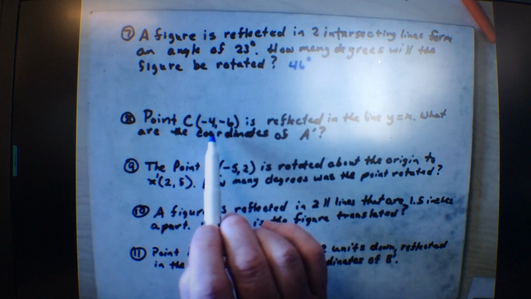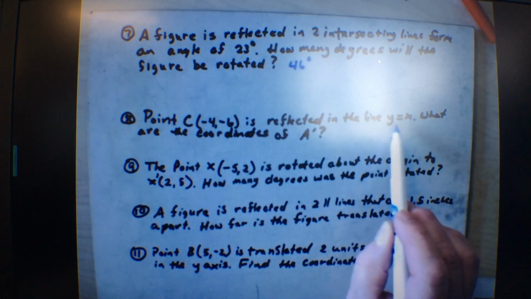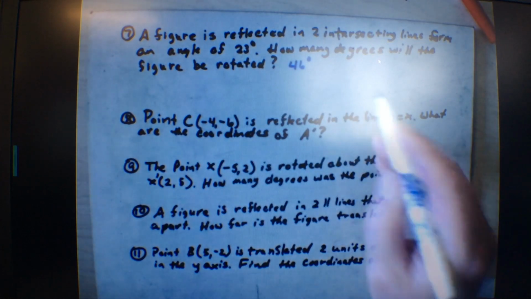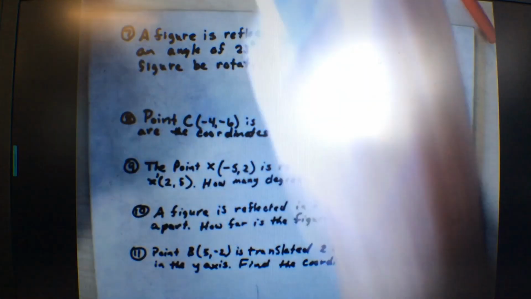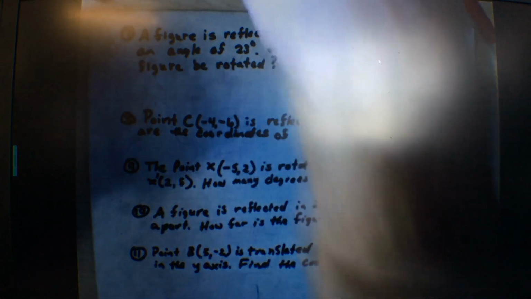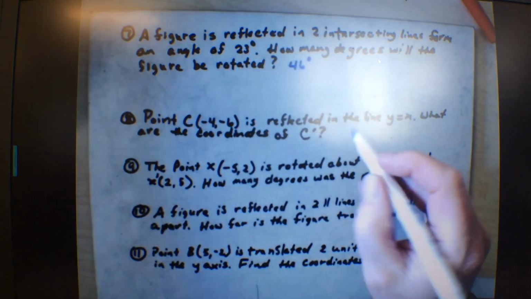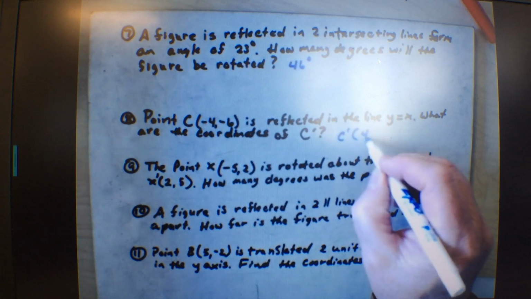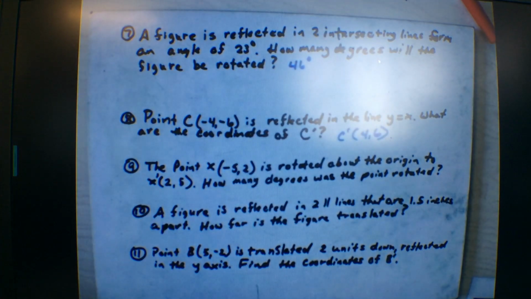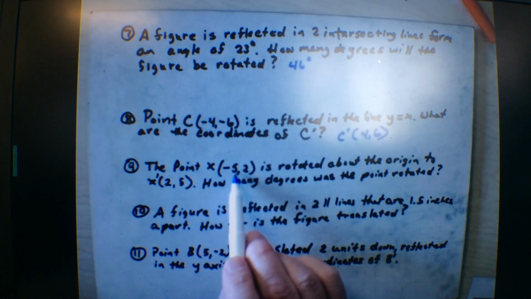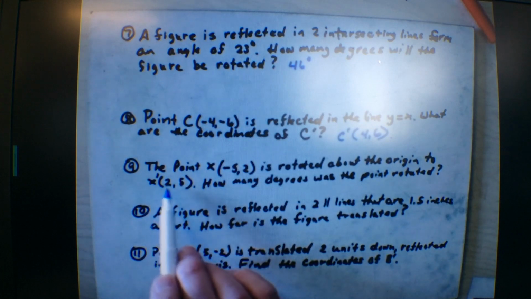Point C (-4, -6) is reflected in the line y equals x. What are the coordinates of, well, this should say C prime. Okay, that's right. I'll ask you in a minute, I gotta change this. What is it? (4, 6). Everybody in agreement on that? All right. The point X (-5, 2) is rotated about the origin to X prime (2, 5).